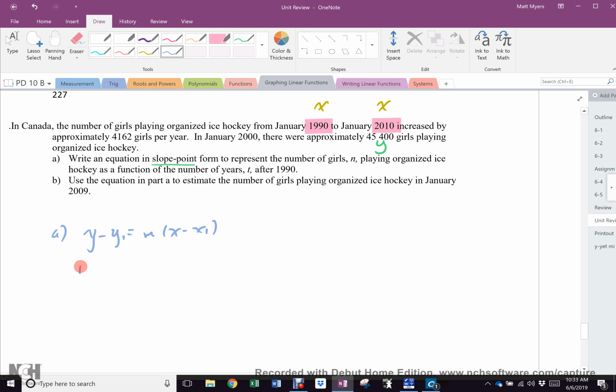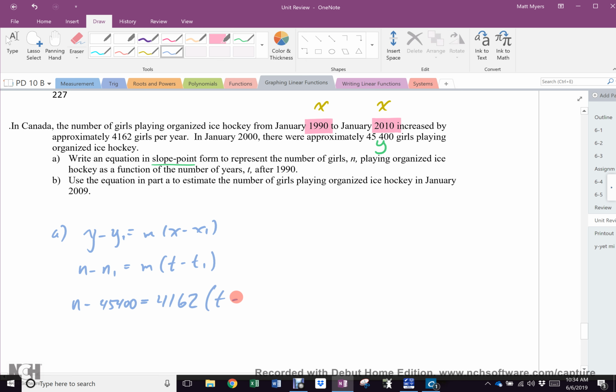So this becomes n minus n1 equals m(t minus t1). N minus, what's the number we know? 45,400 equals, what's my slope? 4,162. It is not a phone number. It is not 4162. It is 4,162.